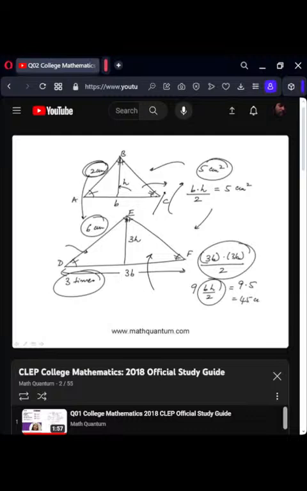Essentially the multiple would be whatever the ratio of corresponding sides, you square that, and that would be the multiple that the area of this triangle would be. So the answer is 45 square centimeters, choice D.